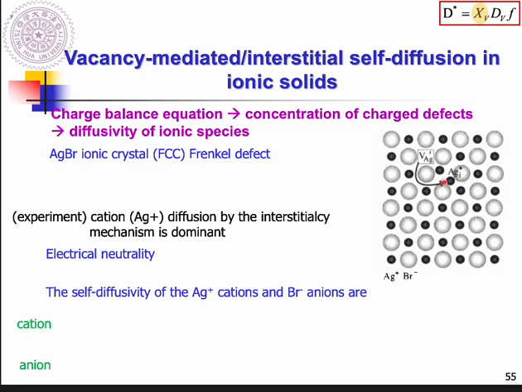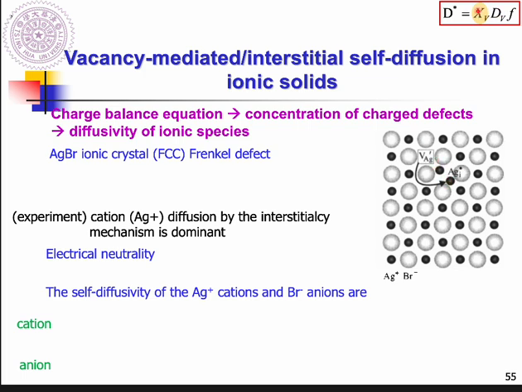In most cases, the smaller one will be easier. So in this case, based on experimental observation, cation silver diffusion by the interstitialcy mechanism is dominant. So silver moves to a self-interstitial site and leaves a vacancy at the silver site.